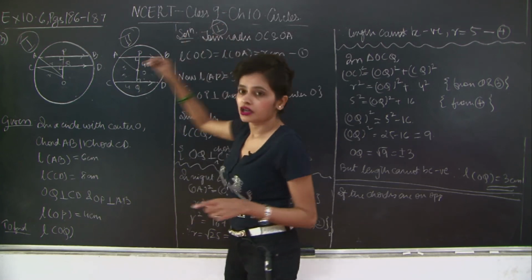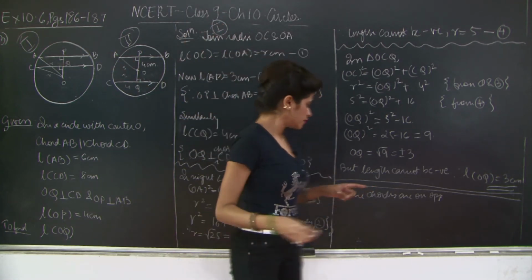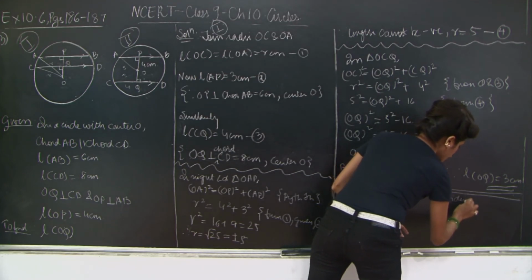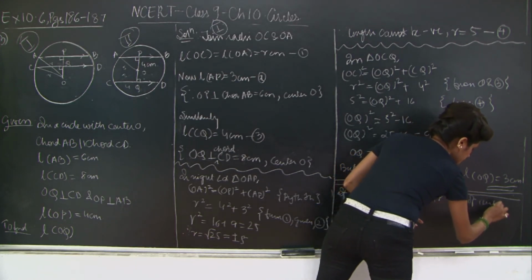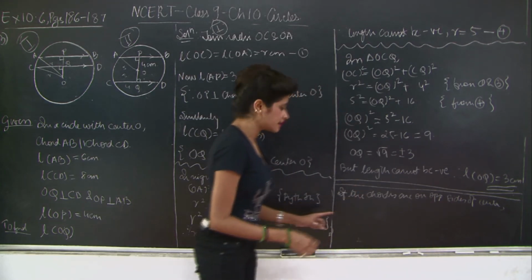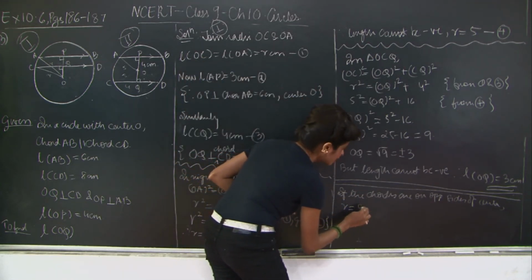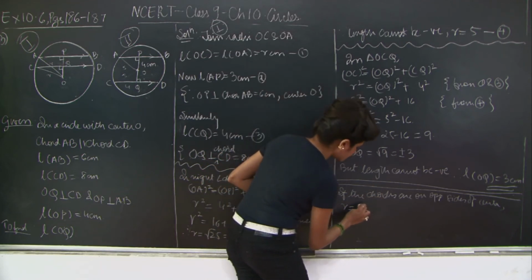So this is for chords lying on the same side of the center. So for chords lying on opposite sides of center, you will get the same solution. Radius is going to be 5 centimeters.